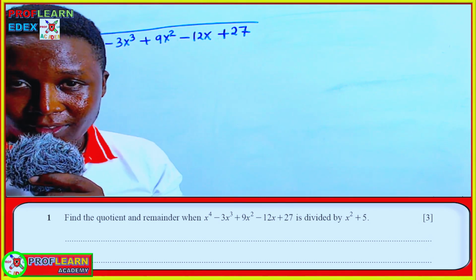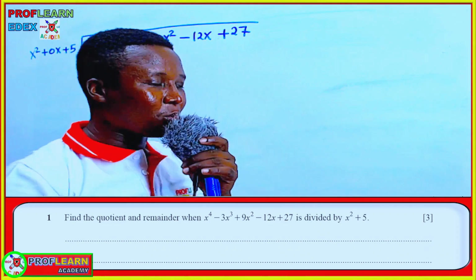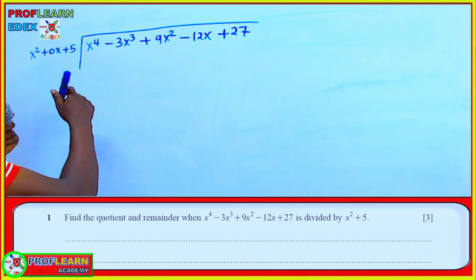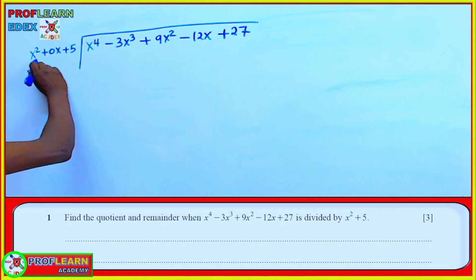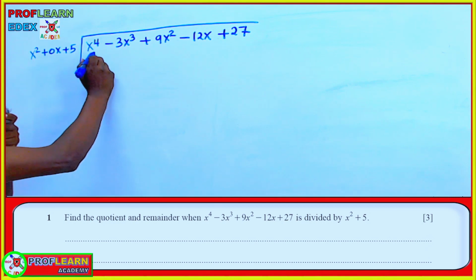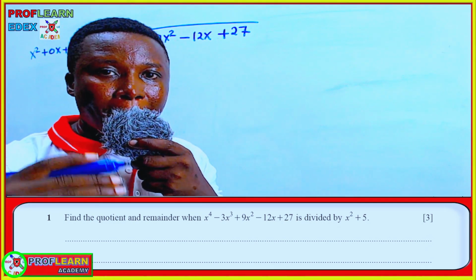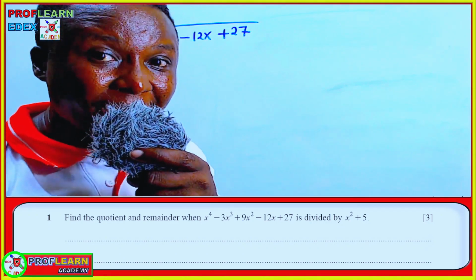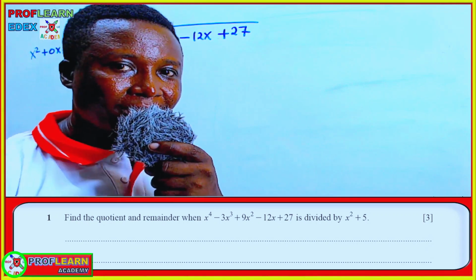So once we have this, these are the steps we are going to follow in order to get all the marks. Which number do you need to multiply by x squared to get x power 4? That is x raised to power 2.